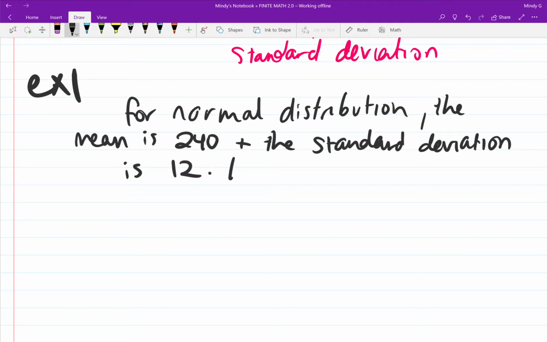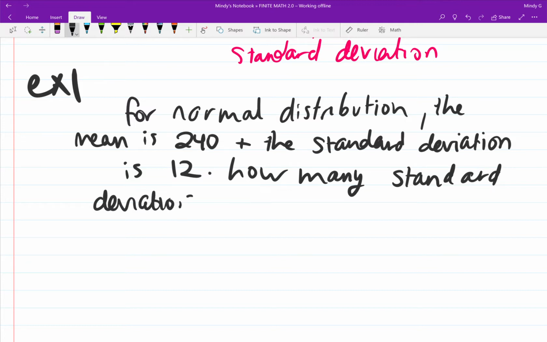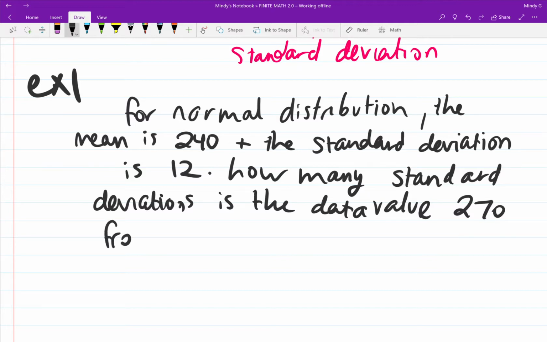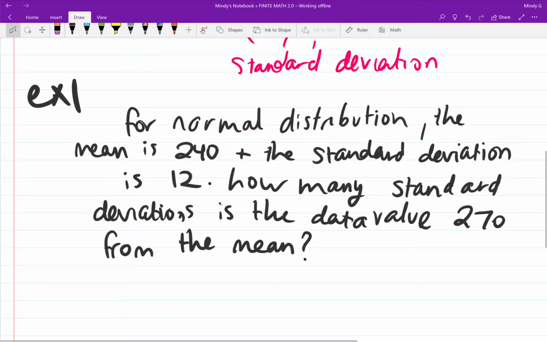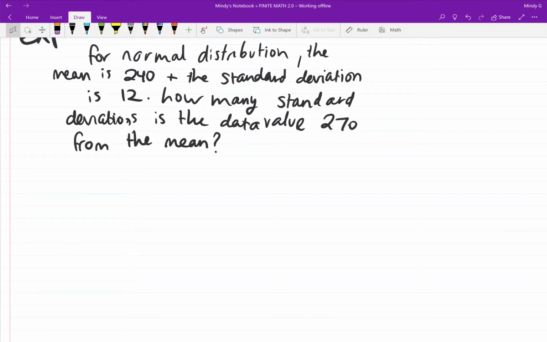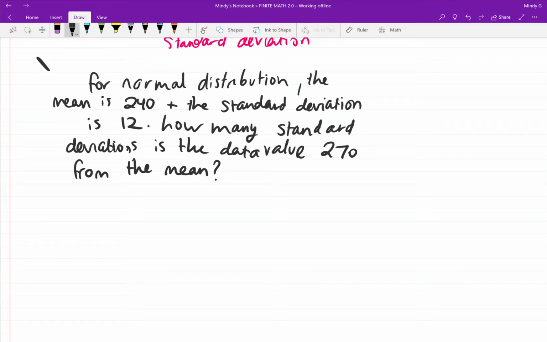How many standard deviations is the data value 270 from the mean? Set up a proportion.